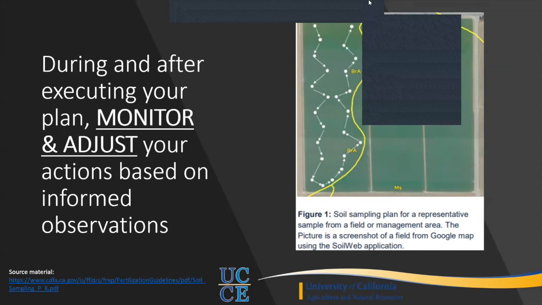Other important considerations when monitoring your field after nutrient application is to consider the representativeness of the sample. That is where you're sampling, does it actually tell the story of the bulk of the field or the part of the field that you would like to take action on or learn more about?